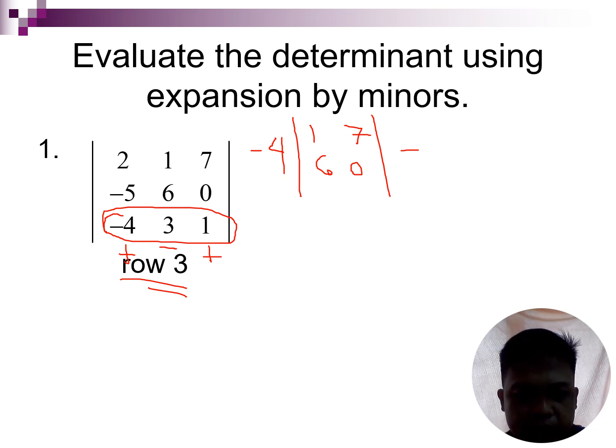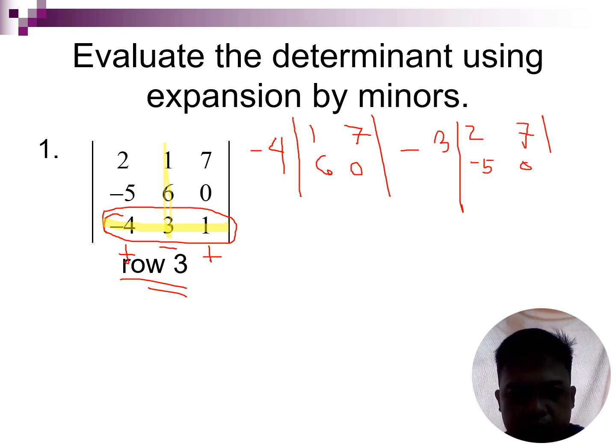The 3 belongs to the third row and the second column, so what's left would be 3, 2, 7, negative 5, and 0. And then we also have the plus sign.